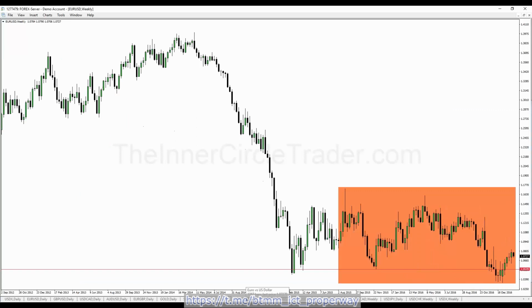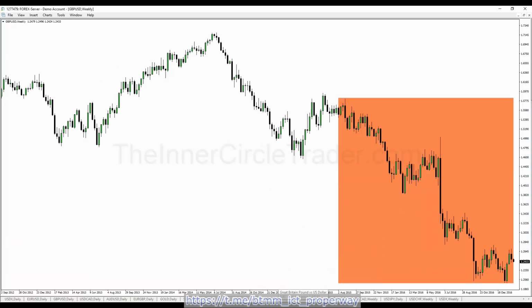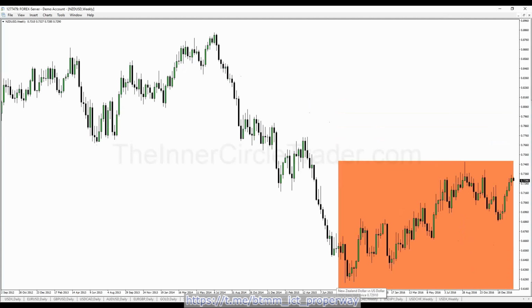In euro, like 900 pips, something like that, on the downside. And then you have the pound dollar, where it had thousands of pips. New Zealand, about 1,000 pips.